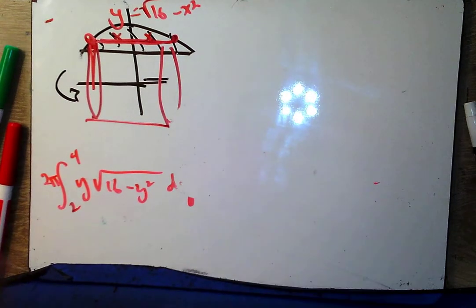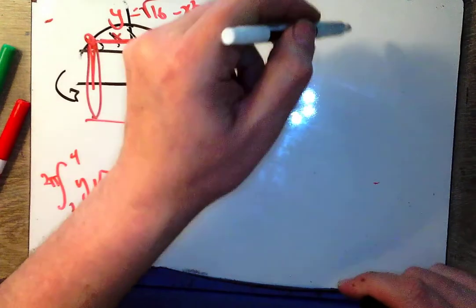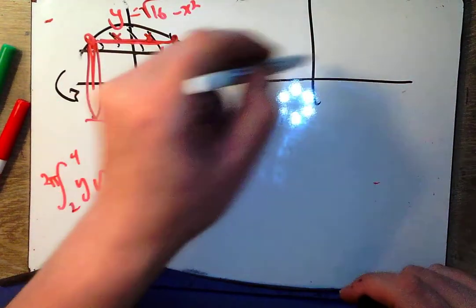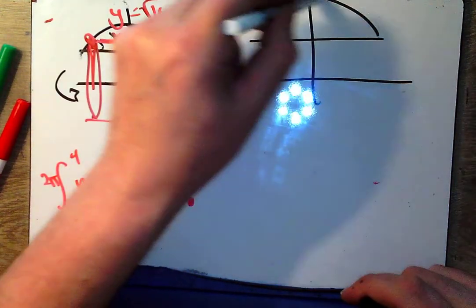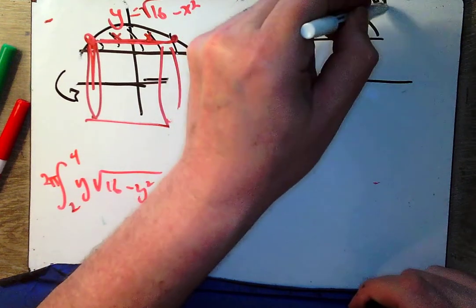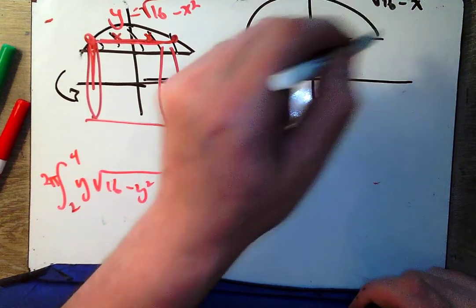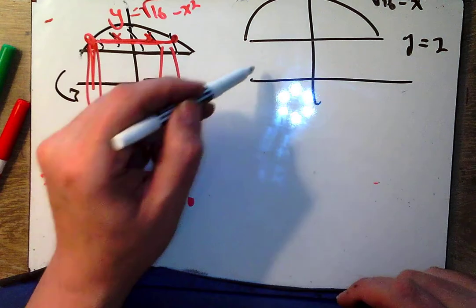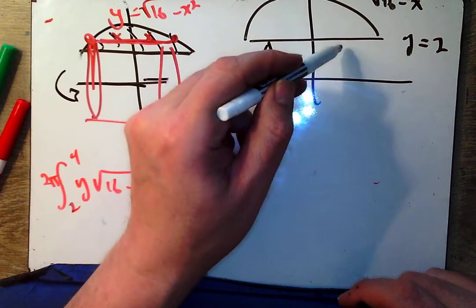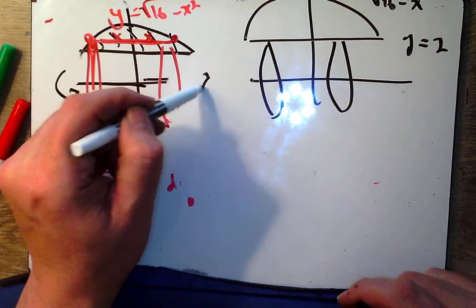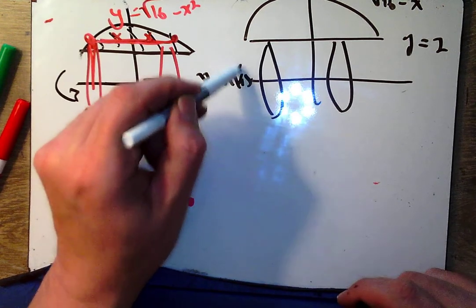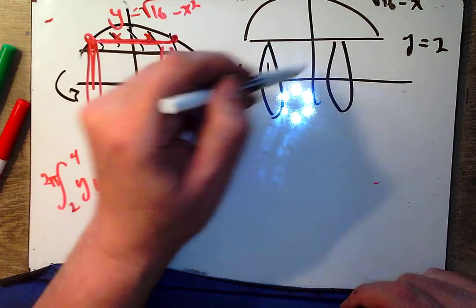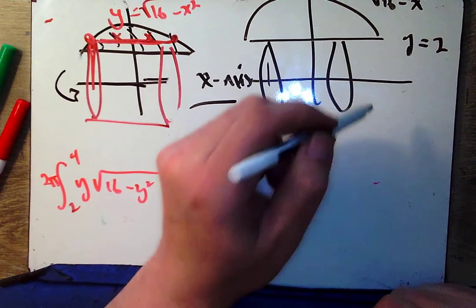I think washers is easier. Let's take a look. Okay. That's y equals 2. There's our square root of 16 minus x squared. And we're going around the x-axis. Okay, and it looks like these radii are the same.